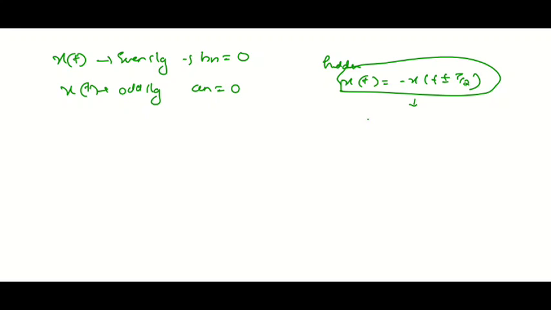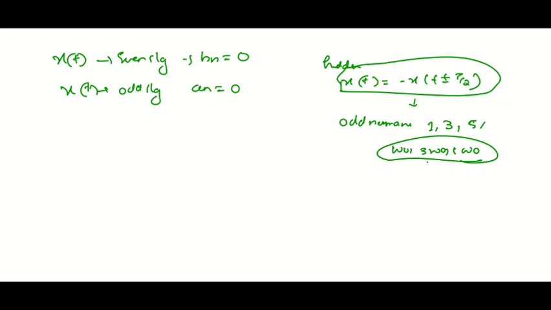If a signal has half wave symmetry, then only odd harmonics will be present in the signal, that is 1, 3, 5, like that. That is omega 0, 3 omega 0, 5 omega 0. These kinds of frequency components will only be present in the signal. Okay, odd harmonics will only be present.